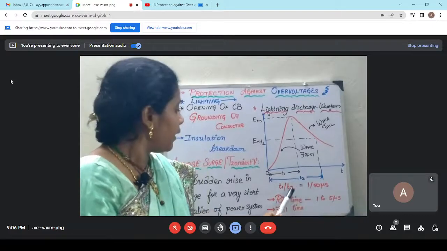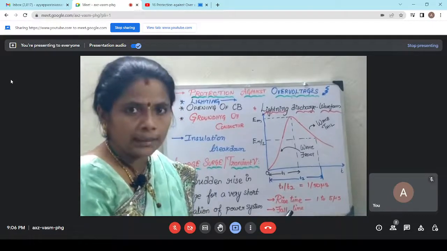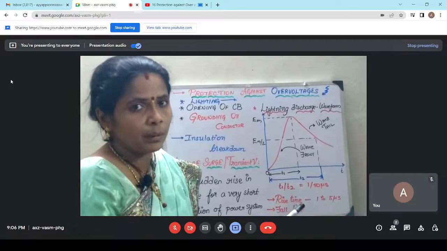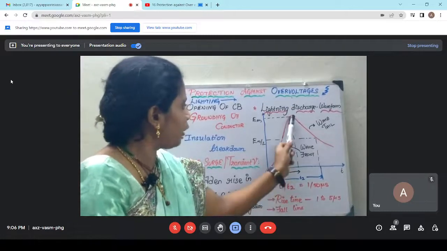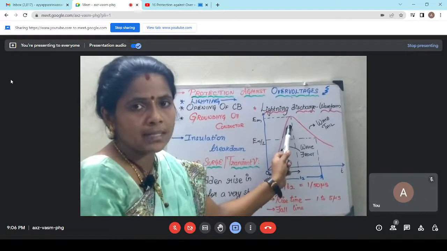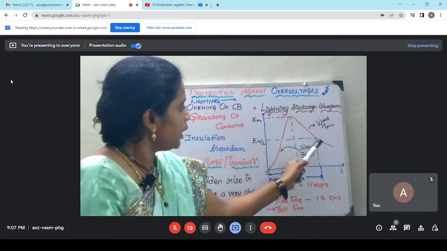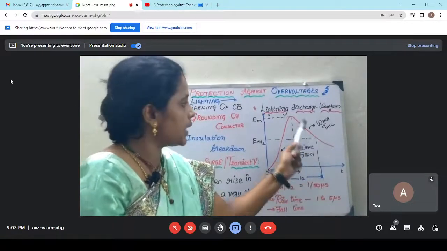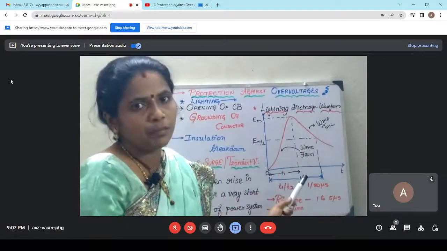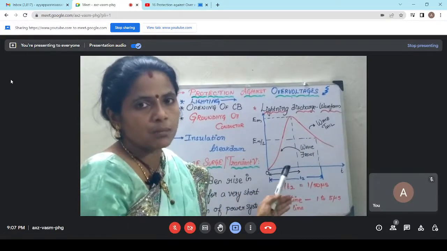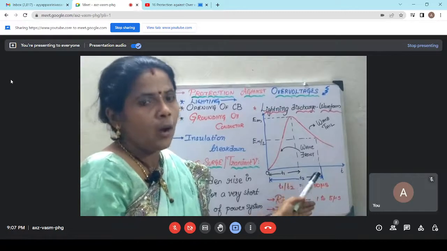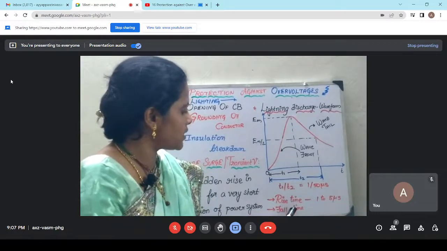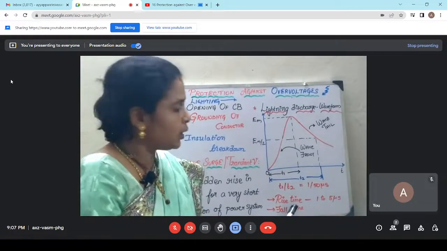Either I could tell this as rise time bar fall time, or I could represent it as wave front and wave tail. The rising part is called the wave front, whereas the diminishing part, that is the decaying part, is called the wave tail.